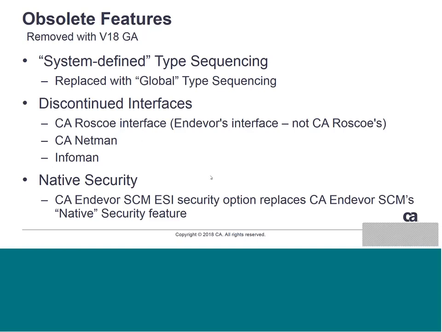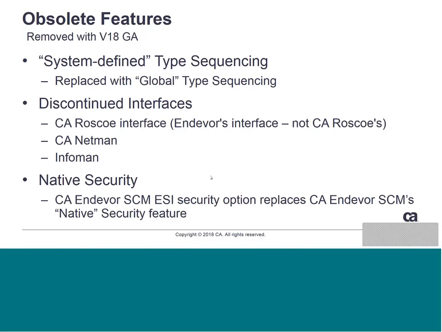The last thing that we've removed was our native security feature. That predated our external security interface, which allows Endevor to talk to Top Secret, ACF2, and RACF. The native security was a built-in tool in Endevor that was kind of crude, but it did provide capabilities for restricting access to elements and other things.